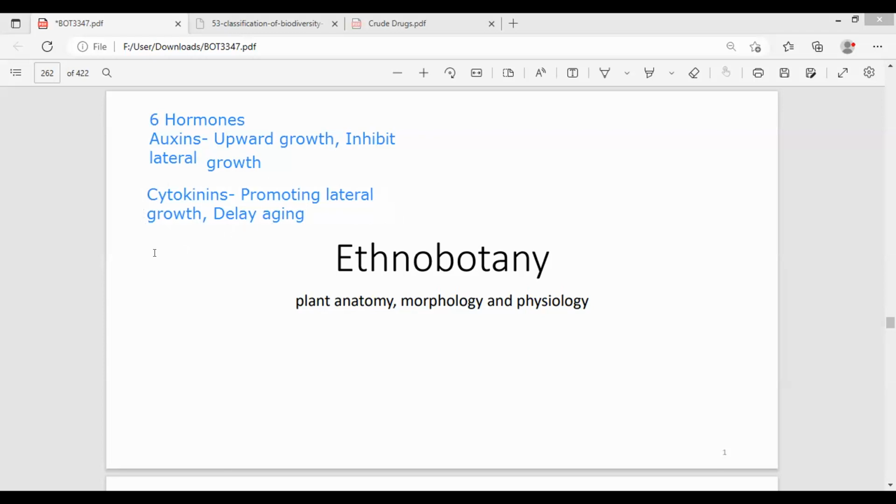So number 3, because we've mentioned aging, which one also has a role in aging? Abscisic acid. I don't know the spelling of this thing, but we say this one promotes aging.